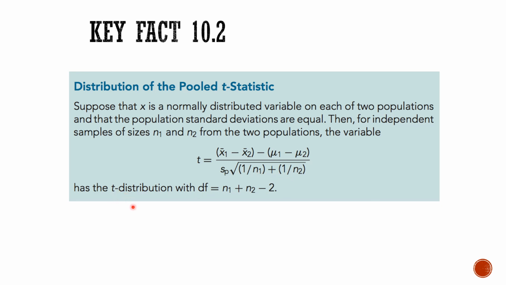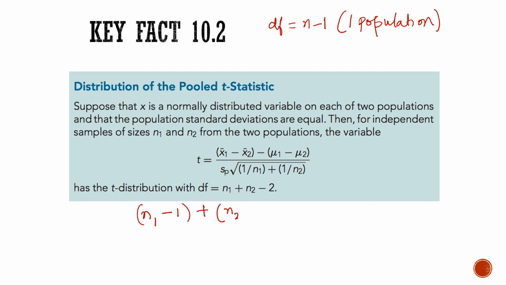And all t distributions work with a degrees of freedom parameter, right? So the df formula is n sub 1 plus n sub 2 minus 2. All right, it's no longer n minus 1. That was the formula for df that we were using for one population, correct? For one population. Here we are working with two populations, so it's going to be n sub 1 minus 1 plus n sub 2 minus 1.